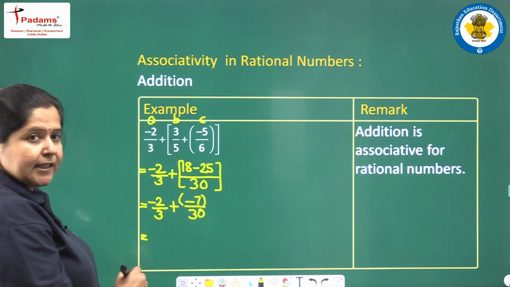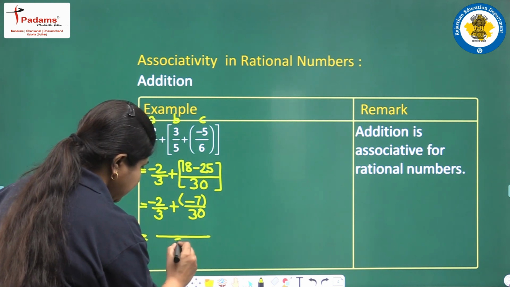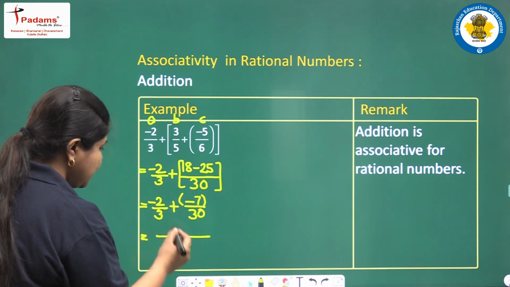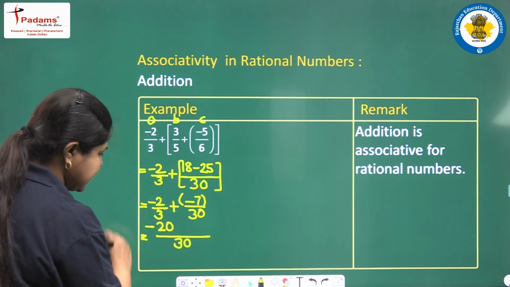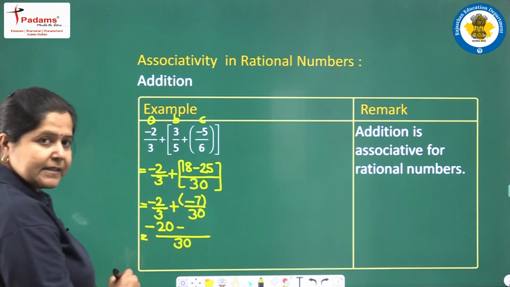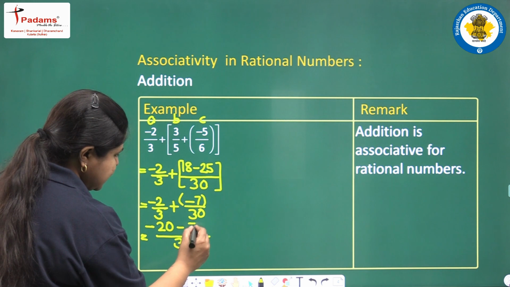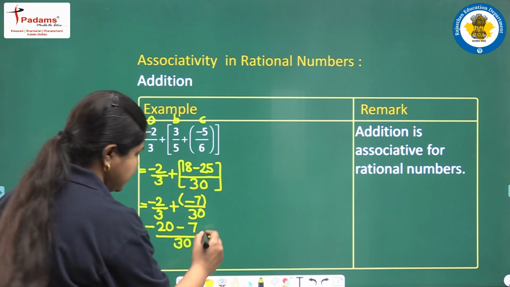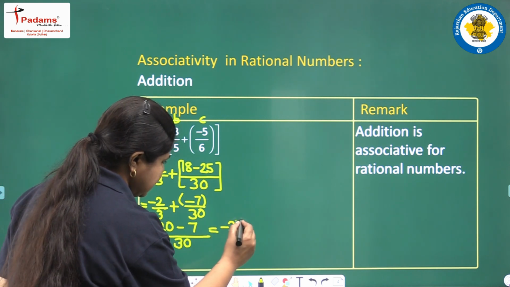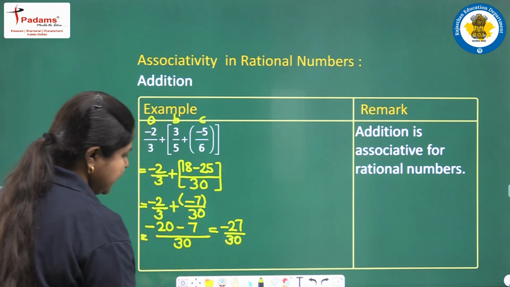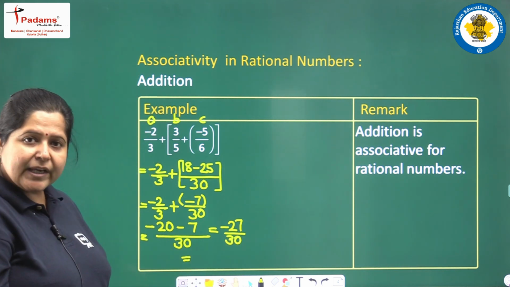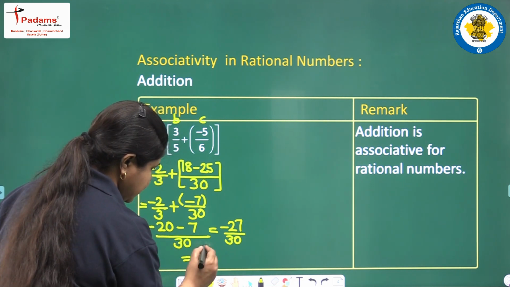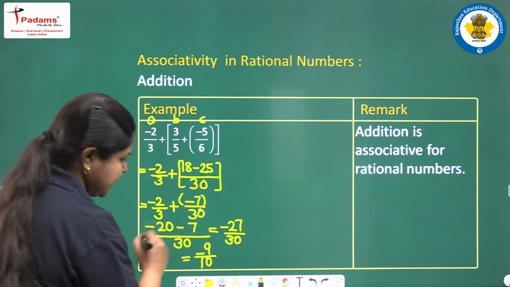Now the LCM of 3 and 30 will be obviously 30, because 30 is the multiple of 3. 3 tens are 30. So 2 tens are 20, but with minus sign. Again plus minus will give us minus, and 30 is as it is, so 7 will remain as it is. 30 ones are 30, so 7 ones are 7. This gives us minus 27 upon 30, and they both are divisible by 3, so we get minus 9 upon 10. Just minus 9 upon 10.